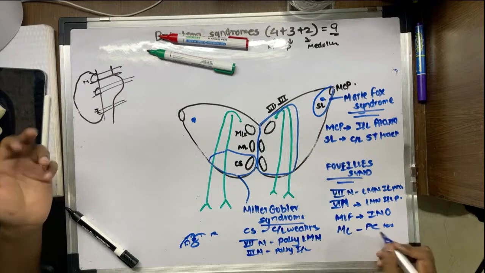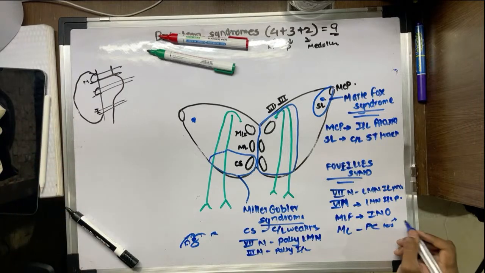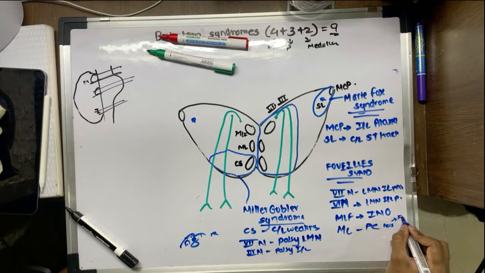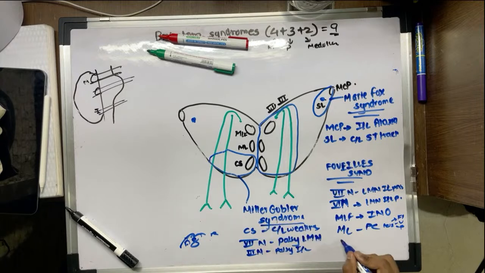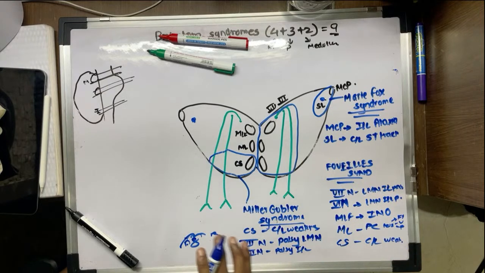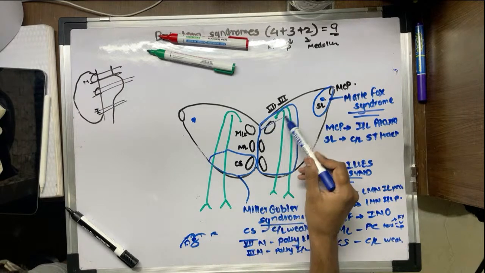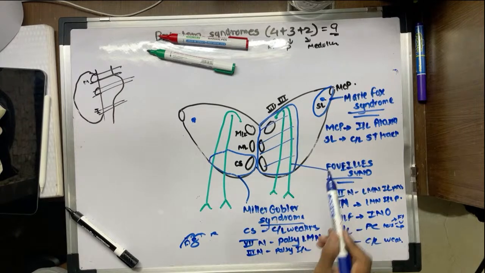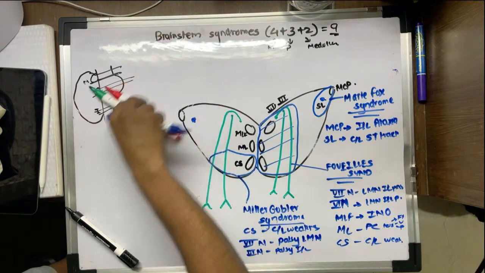The posterior column is responsible for fine touch, vibration and proprioception. Now obviously the corticospinal tract, contralateral weakness. That's it. This is all you need to know about the brainstem syndromes from midbrain and pons.